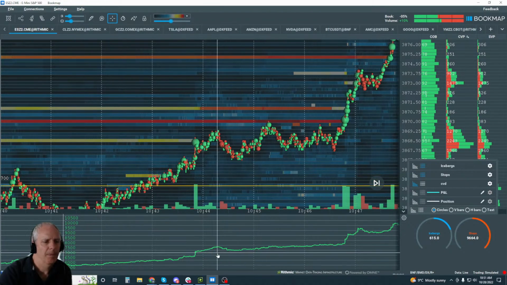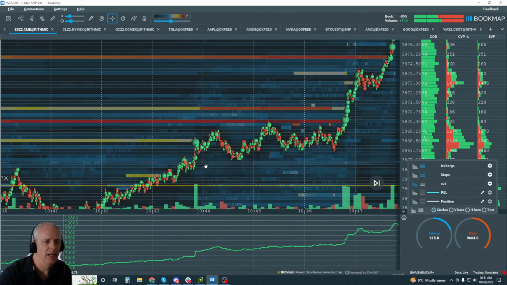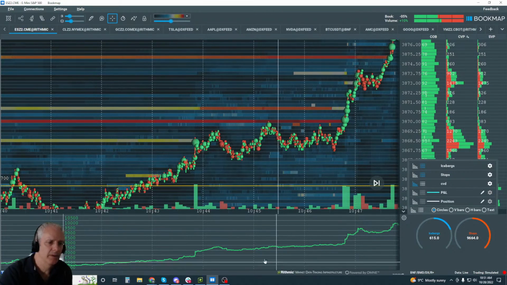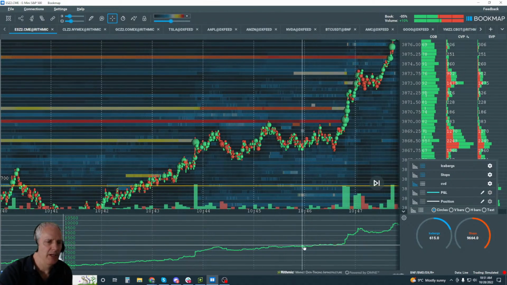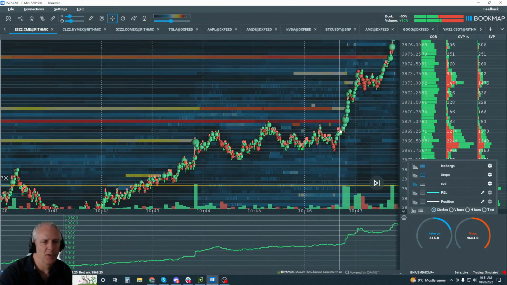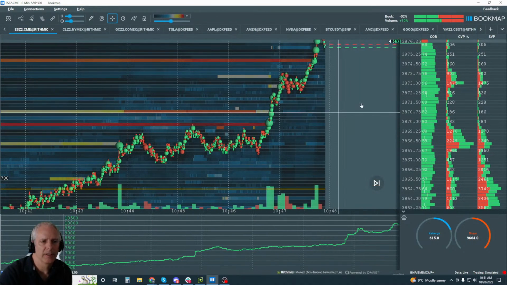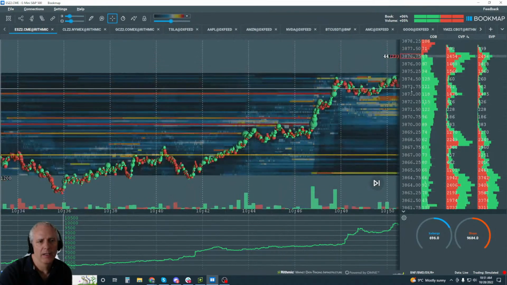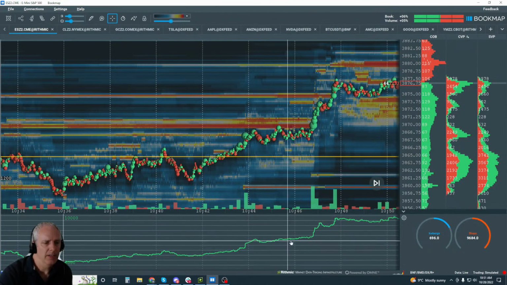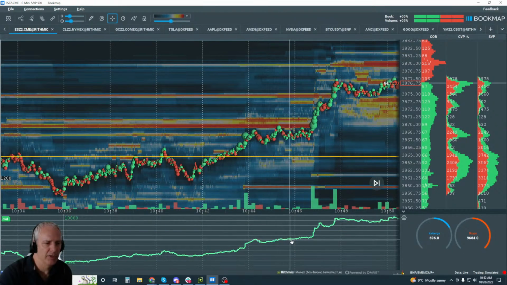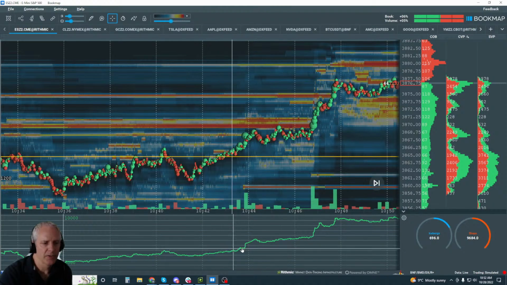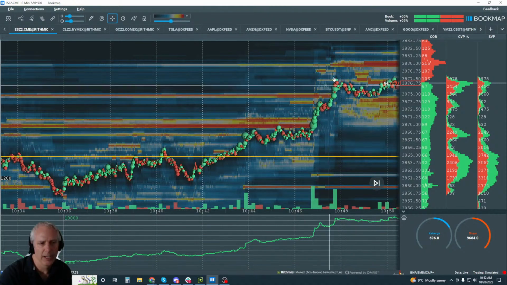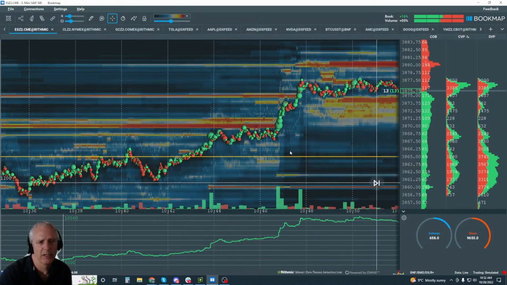All right, so anyway, CVD is just climbing here a bit, so this is bullish within this, and basically it worked out. There's no divergences in here or any kind of special thing to look at. You're looking for that buying pressure, and then that continuation of the move.